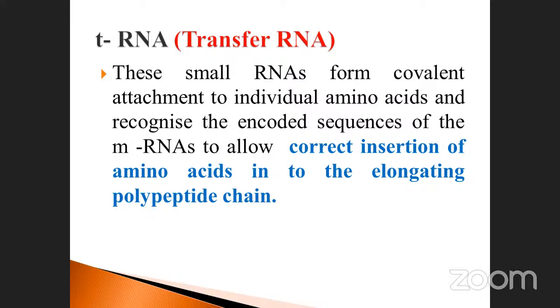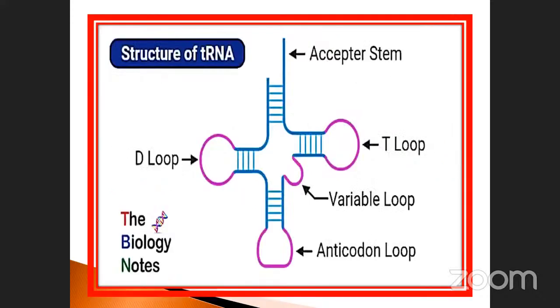This is the concept. See that one? So this is the structure of the tRNA. Already you studied it. It has 5 arms. One is called the acceptor arm, where the amino acid is accepted. The T loop is on the right side. This structure is also asked from the NEET point of view. Opposite the T loop there is a D loop.